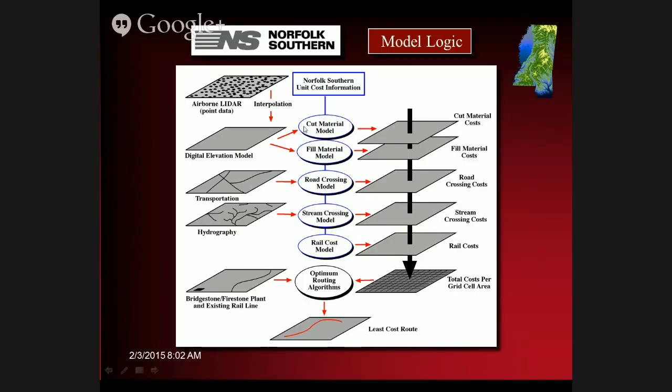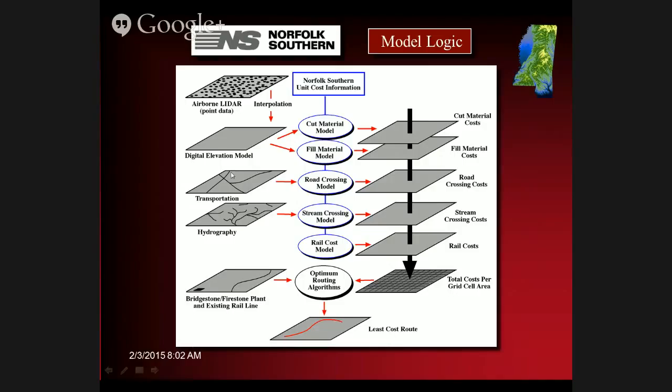Well, each one of these circles is actually 4 or 5 operations. So finding out what area would have to be cut versus what area would have to be filled in order to produce a flat roadbed took a few steps. And then you calculate how much cut material, fill material would be needed for every grid cell.